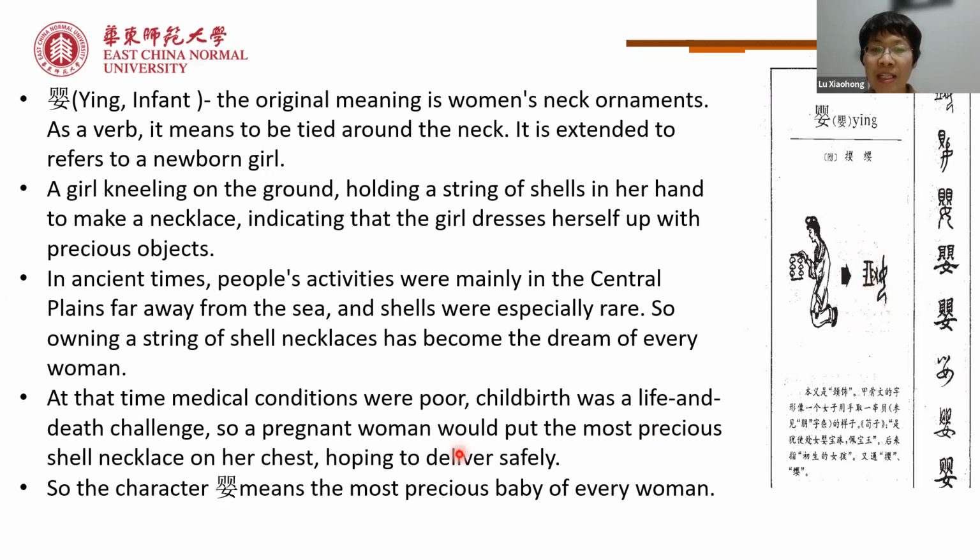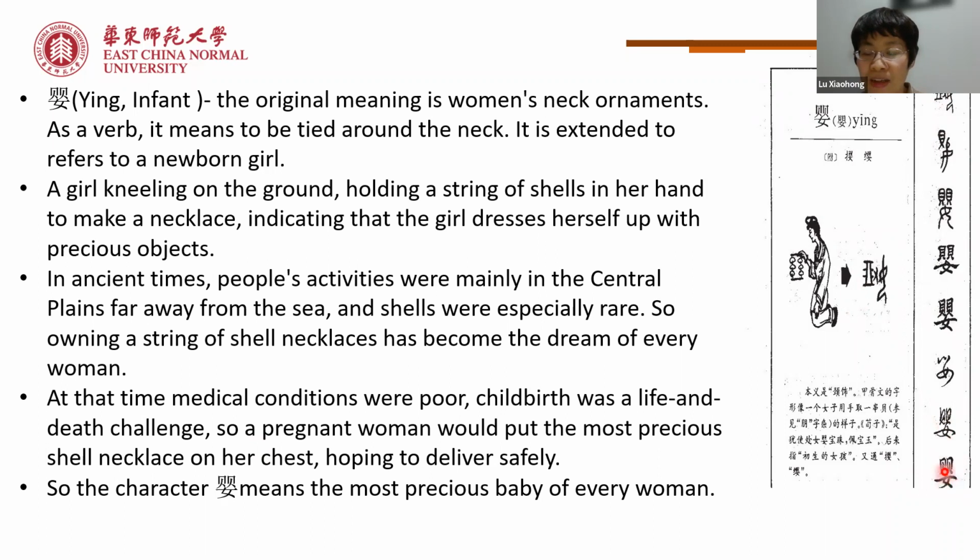So at that time, medical conditions were very poor. Childbirth was a life and death challenge. So a pregnant woman would put the most precious shell necklace on her chest, hoping to deliver safely. So the character 婴 means the most precious baby of every woman. So here you can see the character 婴 evolved from the very earliest oracle bone inscription to what we use today.